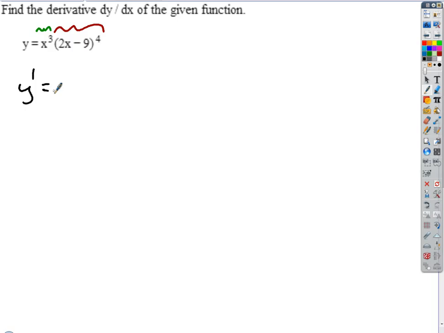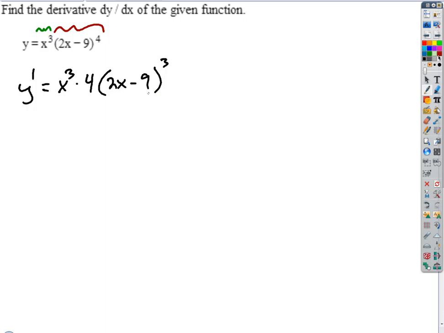We have to do a chain rule for 2x minus 1. So we've got x cubed times the derivative of the red stuff, that's chain rule. We've got the outside, the quantity to the fourth, so 4 times the quantity to the third, times the derivative of what's inside, if we peel that away, which is 2.